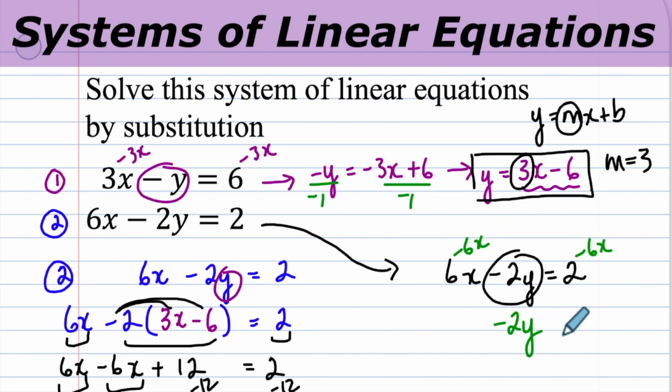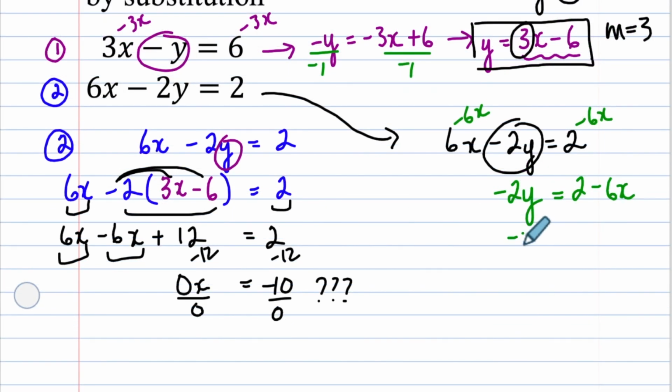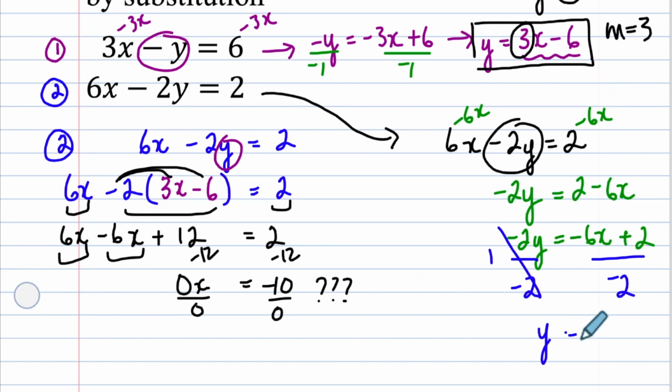Negative 2y is equal to 2 minus 6x, or negative 2y is equal to negative 6x plus 2. Divide by negative 2. And y is equal to negative 6x divided by negative 2, which is 3x, minus 1.